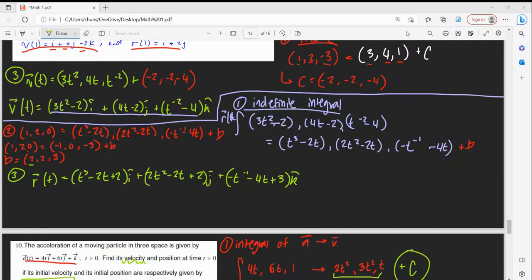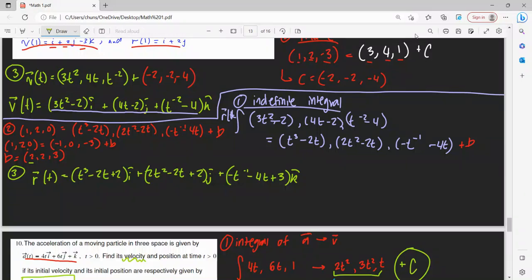Just going to check my answer. All right, and that is how to use that same process to find position from our velocity, which came from acceleration.